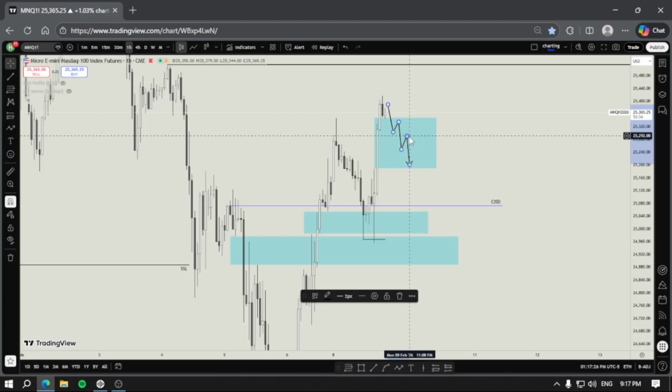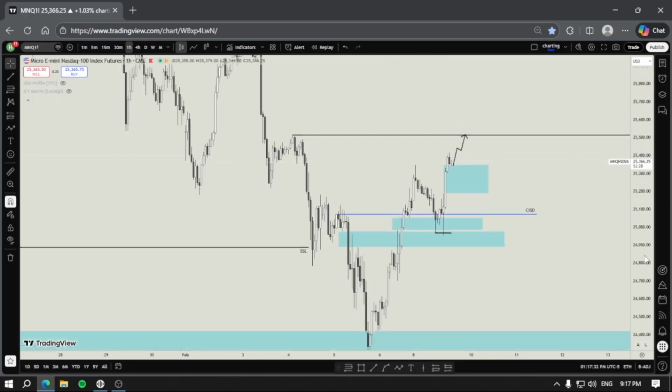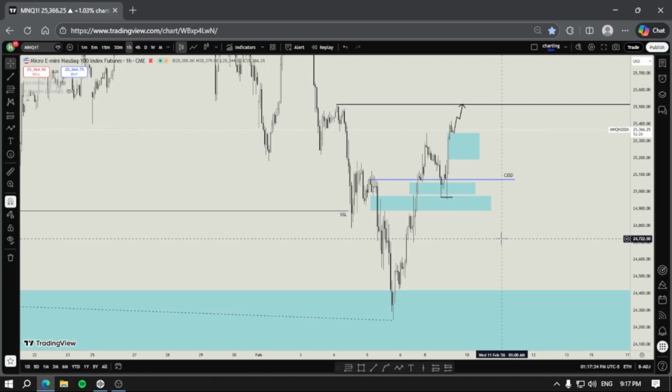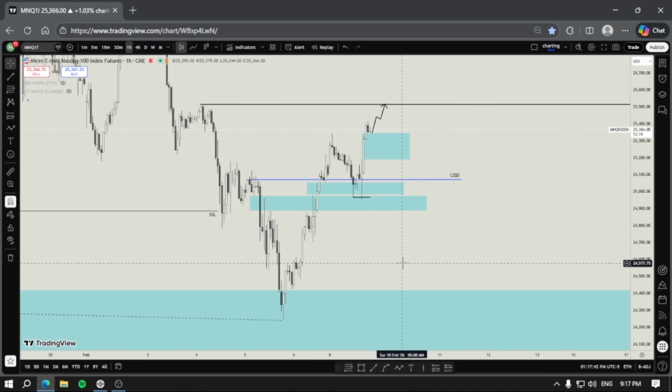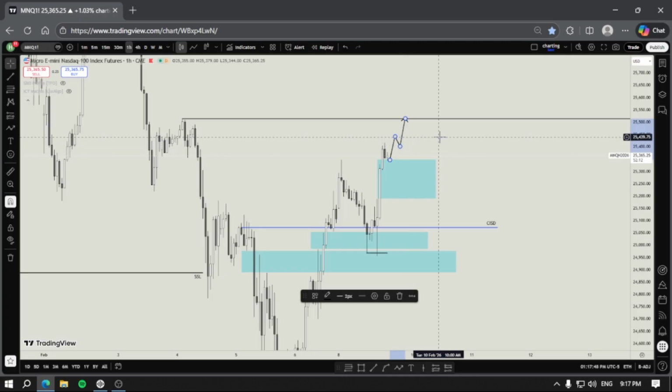We can see lower, or we can just respect this fair value gap and then the market can pump higher because my drawn liquidity is already bullish, right? So it all depends on organization. We have no certainty right there. We need time.